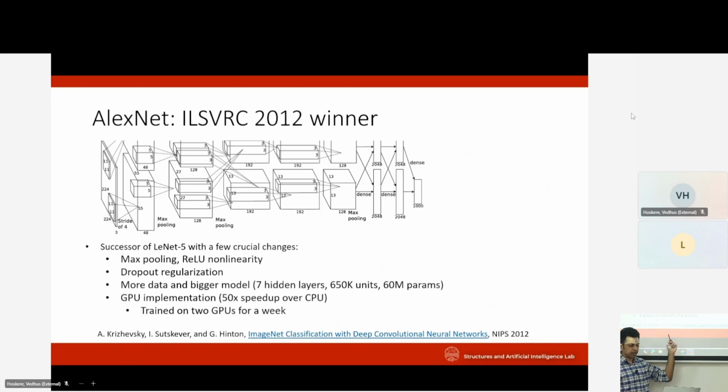And they took a week to train this. You can see the sizes of the filters, right? You have 11 by 11, 5 by 5, 3 by 3, 3 by 3, 3 by 3. And you can understand the dimensions. You have 224 by 224. If you have a stride of 4, then what happens to the output size?